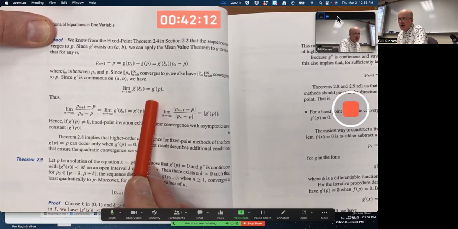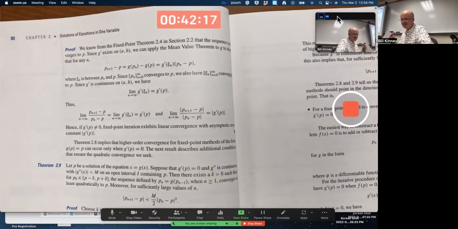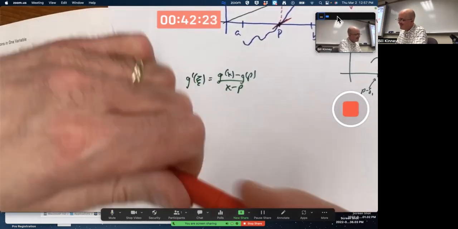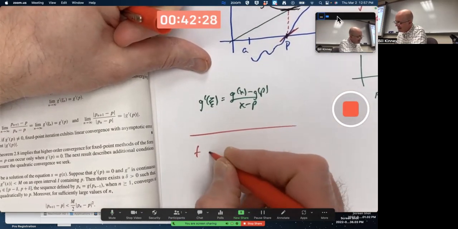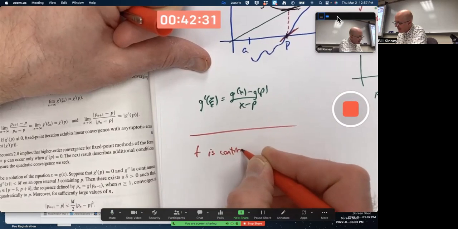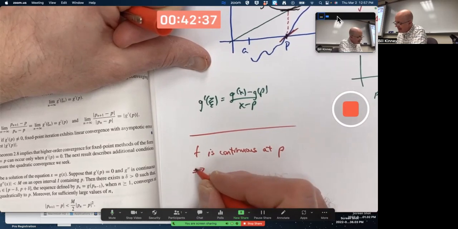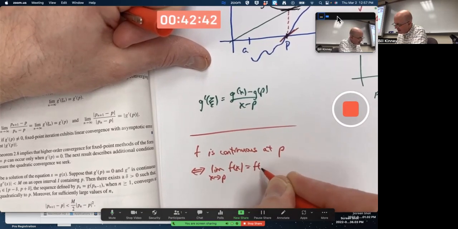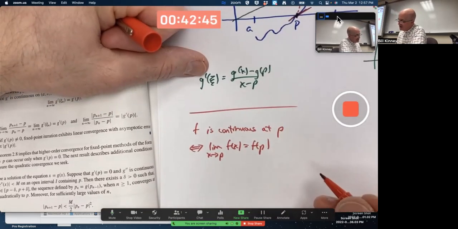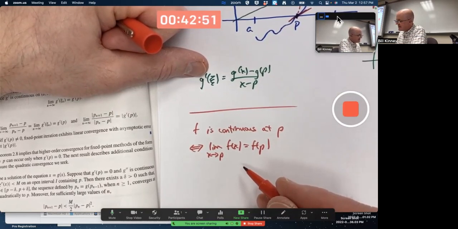Essentially, this is the definition of continuity. You might remember from calculus, maybe, that essentially f is continuous at a point P essentially means the limit as x approaches P of f of x equals f of P. Maybe I shouldn't have used a P. P is not necessarily a fixed point or a zero of f here.